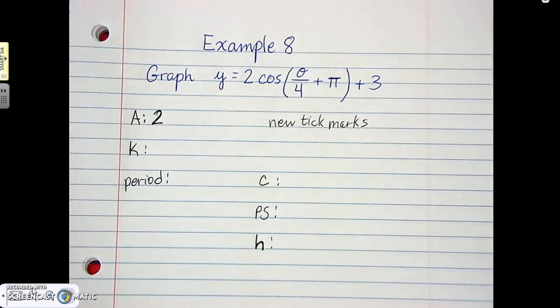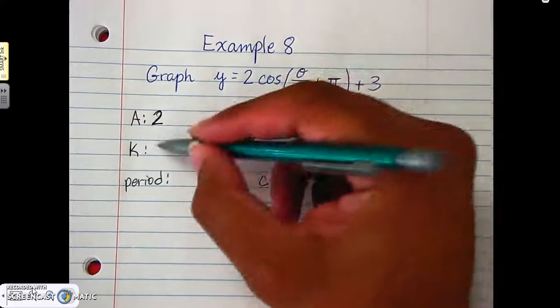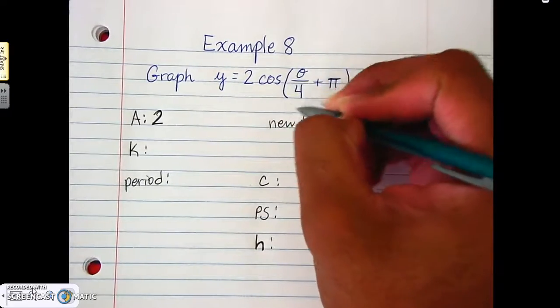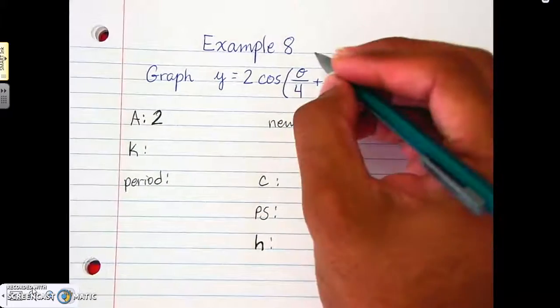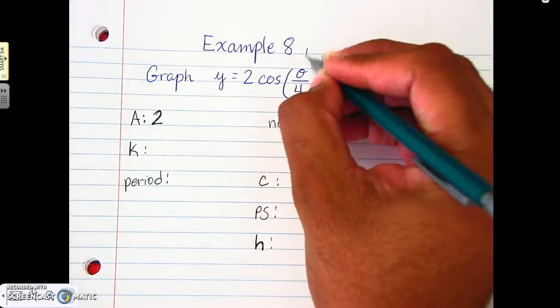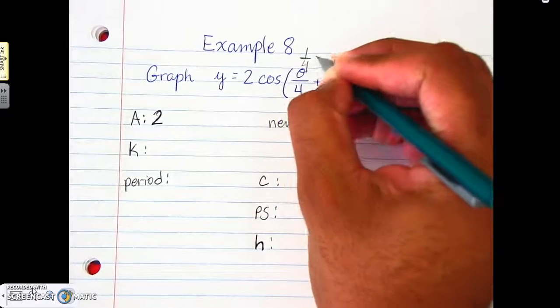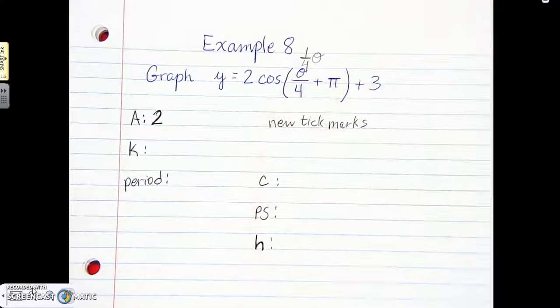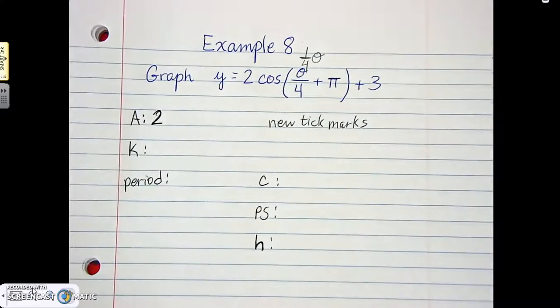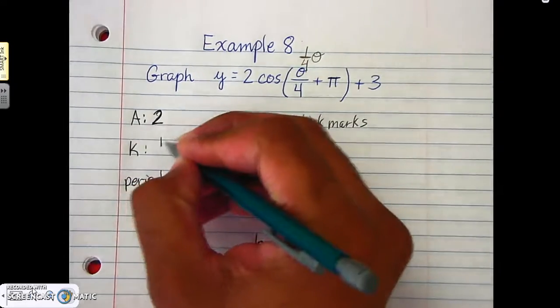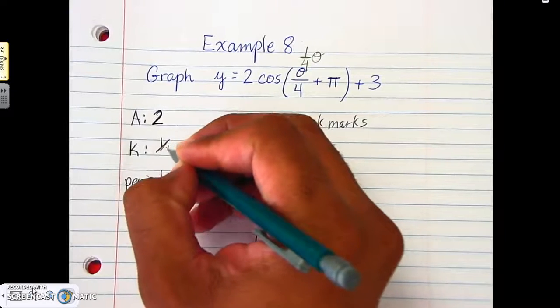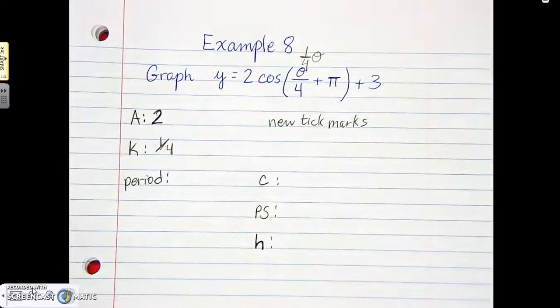So first off here, looking at it, we know we can define what K is. We know we can go ahead and change this to a fraction here. So we know we can do 1/4 theta. So we can rewrite it that way. So that means our K would be 1/4. Again, it's not Y, it's just 1/4.